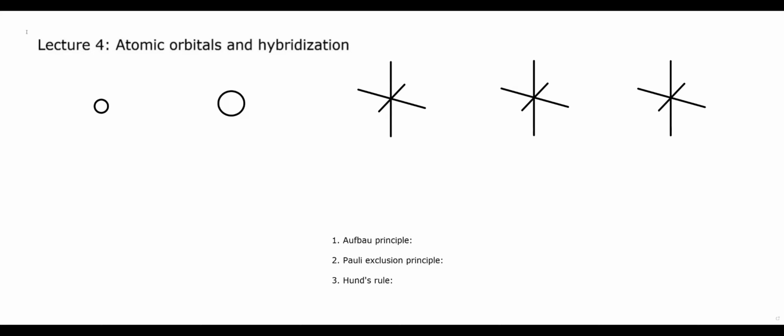Some of this should be reviewed from general chemistry or high school chemistry. We should be aware that there are atomic orbitals or areas where we could have electron density, right? And these orbitals go from the s orbitals through to the p, d, f, and beyond.